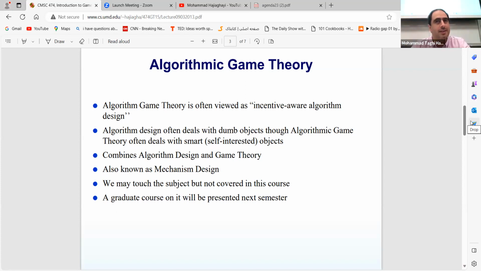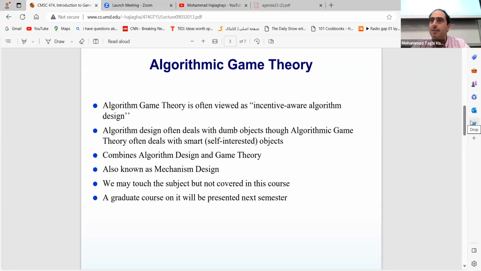And then how can we design some desired outcome with this kind of selfish agents? In a sense, you can consider this a mechanism designer. A mechanism designer is the person who designs this mechanism, or this algorithmic game theory, essentially. And this person is also a player in that game.